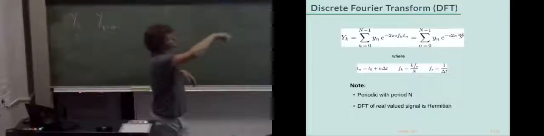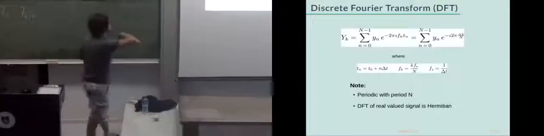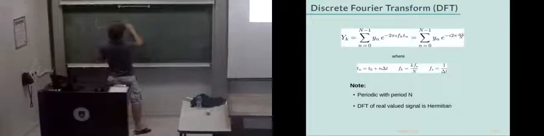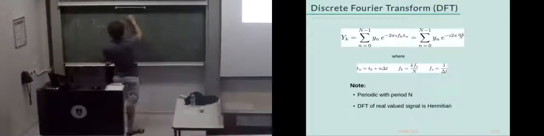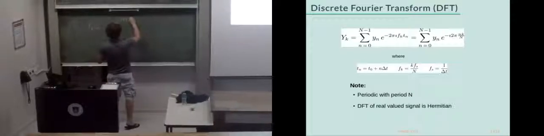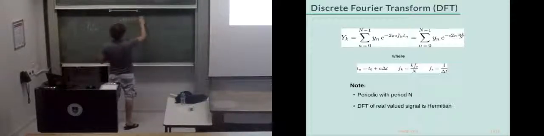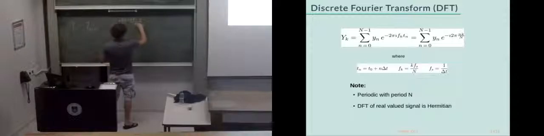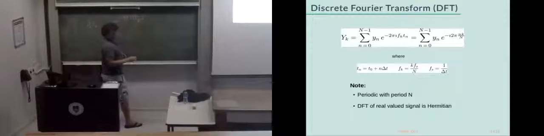Okay, so if I say this is periodic, what I mean is that y_k is the same as y_(k plus or minus N). You can see that quite easily, right? The only thing that changes is this factor, so it's e to the minus 2 pi i n (k plus N) over N. What is this?